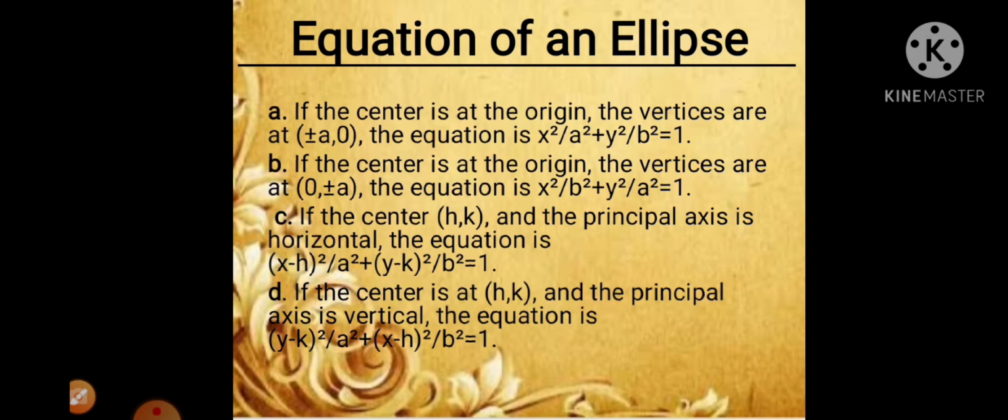If the center is at (h, k) and the principal axis is vertical, the equation is (y minus k) squared over a squared plus (x minus h) squared over b squared equals 1.